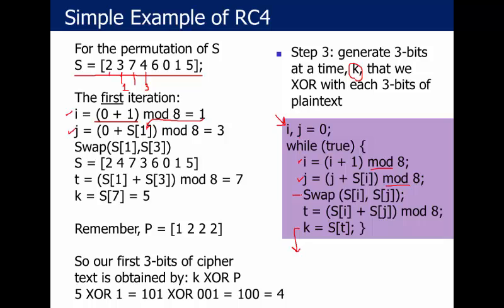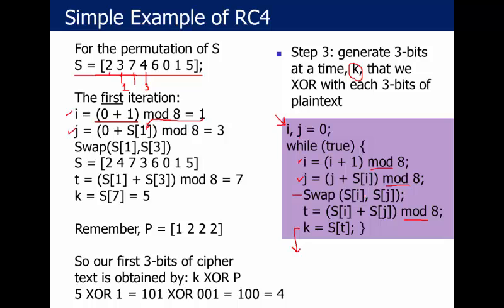Now, tricky, right? Now you need to obtain T. T can be calculated from another modular, using SI and SJ. Once you swap this, I and J never change, as far as one iteration, they still remain the same.